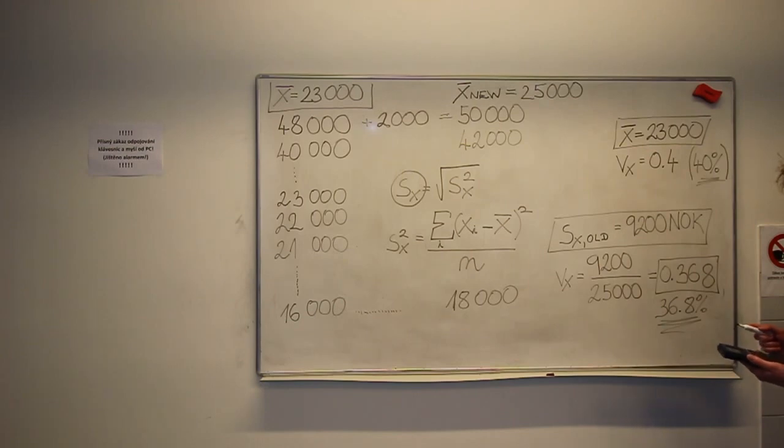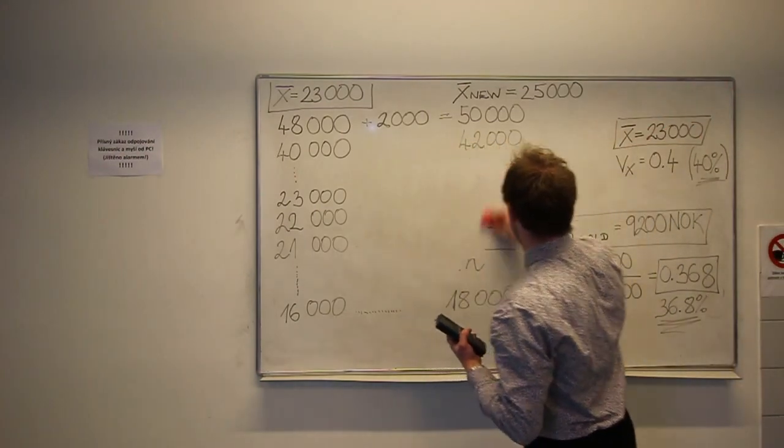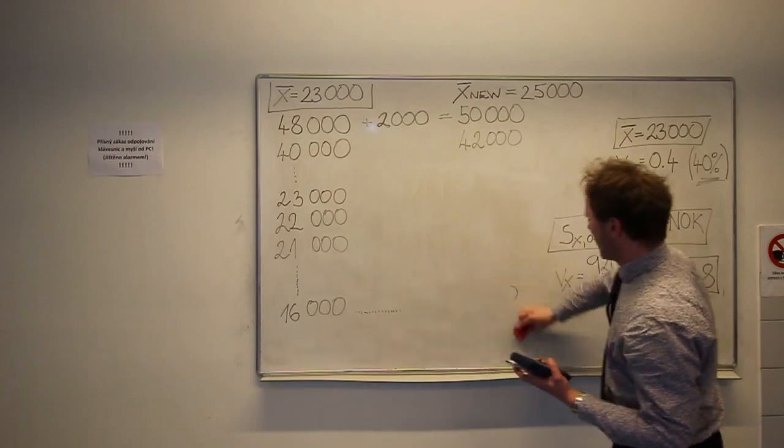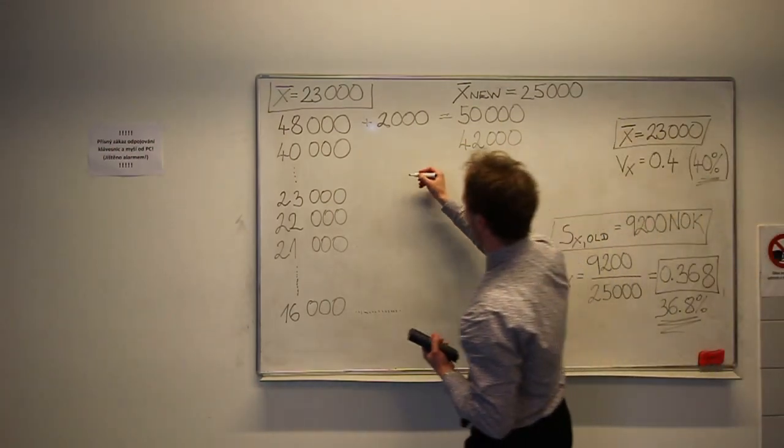It's very, very important to know how to interpret this change. We had the old value of the variation coefficient, and now we have a new value of the variation coefficient.